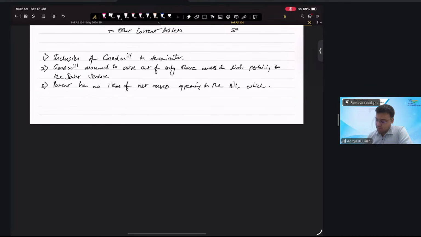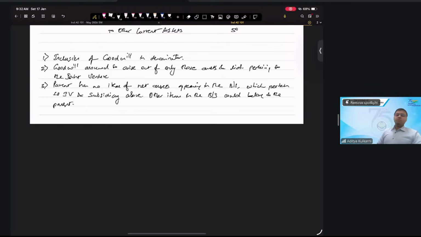There is no item of net assets appearing in the balance sheet which pertains to joint venture and subsidiary above. Other items in the balance sheet could belong to the parent.